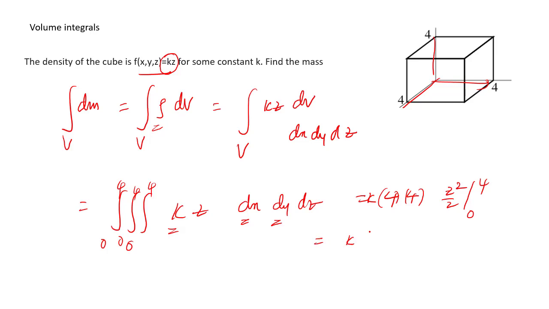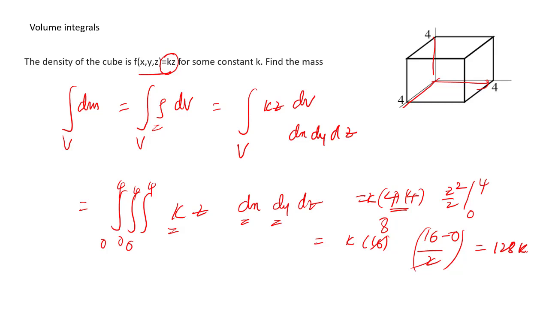So I have k, 4 times 4 is 16, and z squared by 2 gives you 16 minus 0 by 2, right? So this gives you 8 times 16, so that's going to be 128 times k, where k is a constant. So this is a simple volume integral, right?